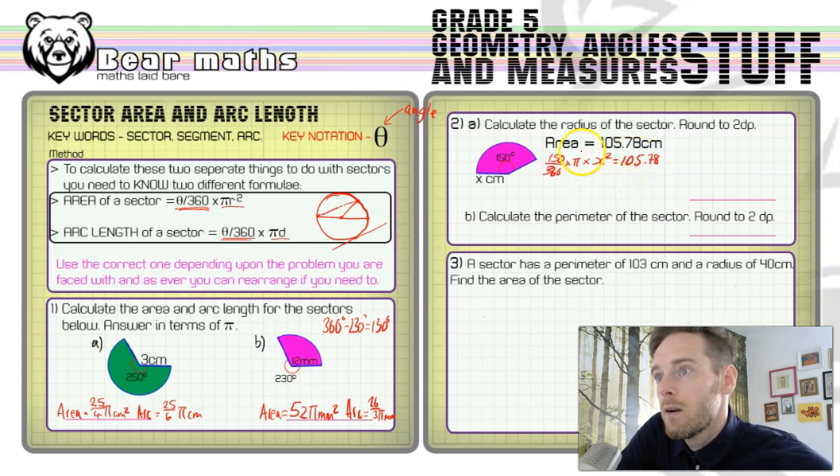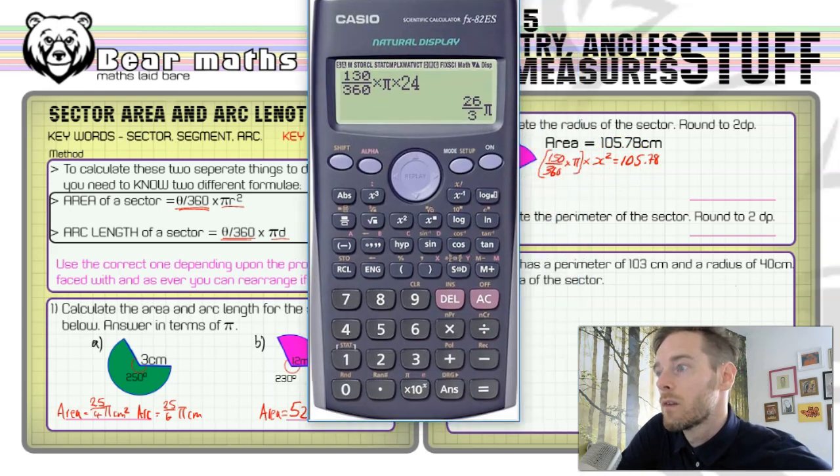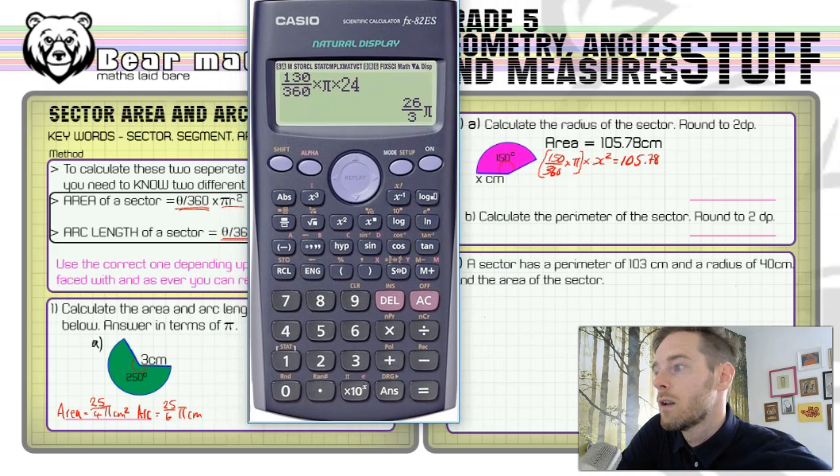All right. Now, if I think of this as being just a number, which I said it was, that's just a number that's in front of x squared. And what we can do is divide by that number on both sides. So 105.78 is the area. Divide by, now let's be careful with this as well.